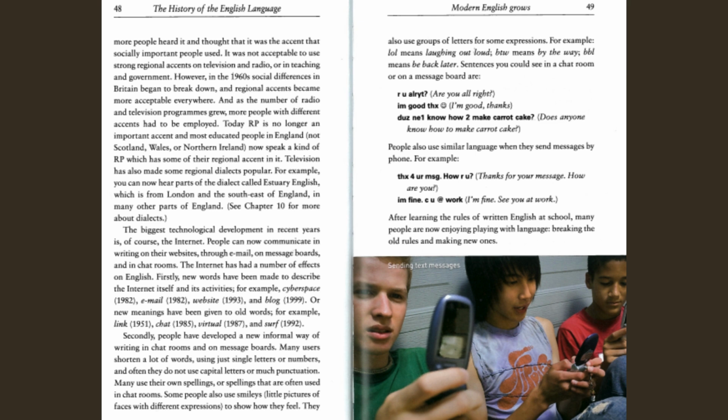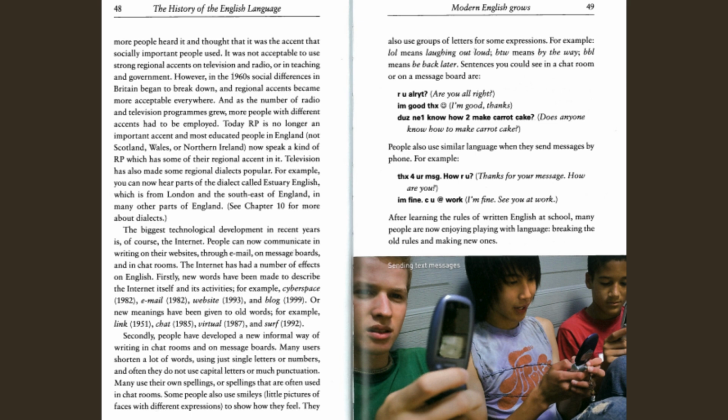However, in the 1960s, social differences in Britain began to break down, and regional accents became more acceptable everywhere. And as the number of radio and television programs grew, more people with different accents had to be employed.